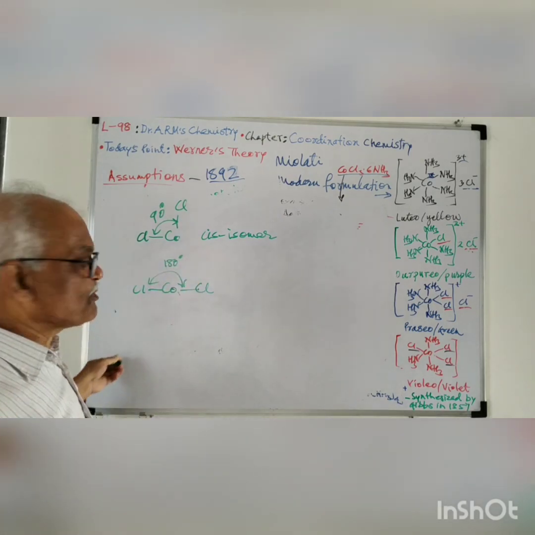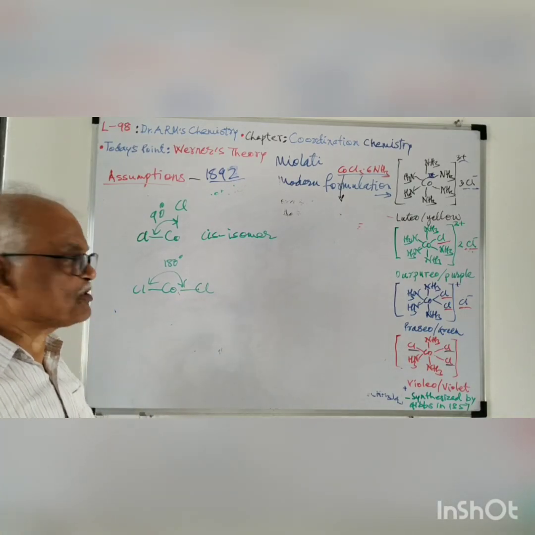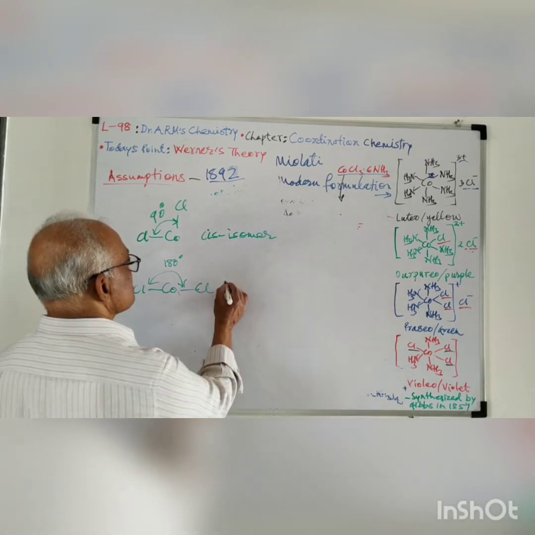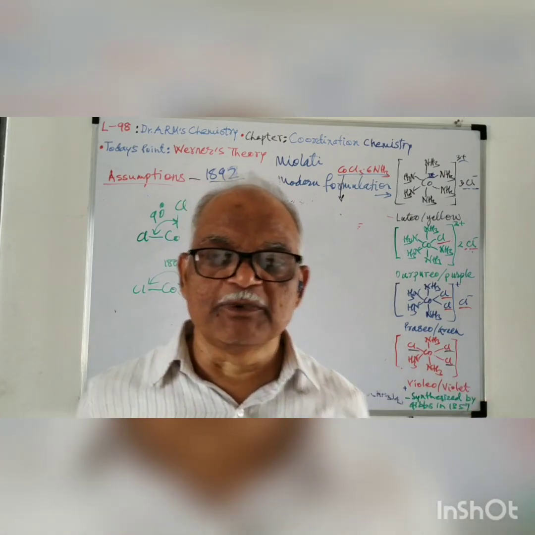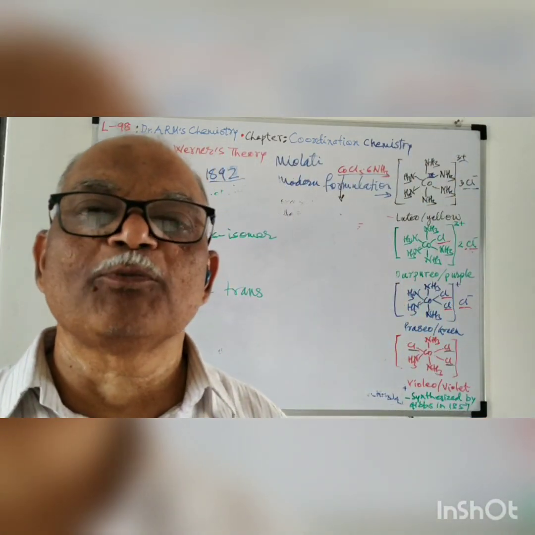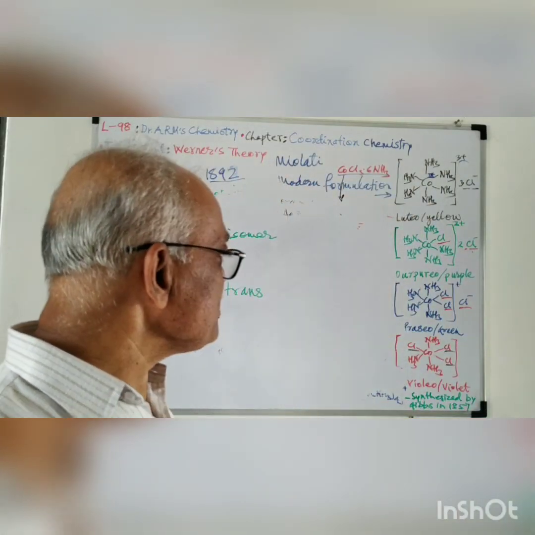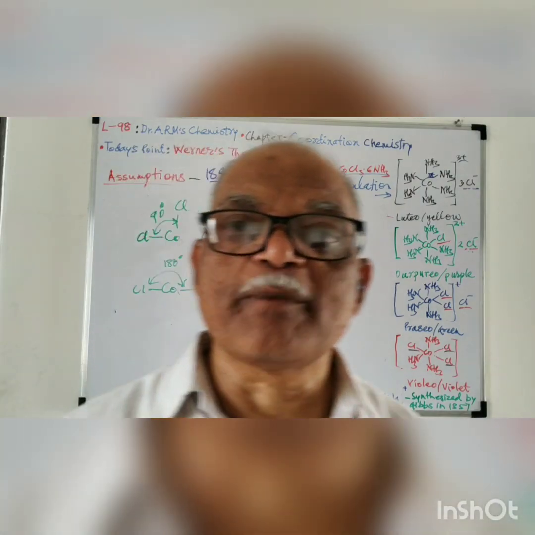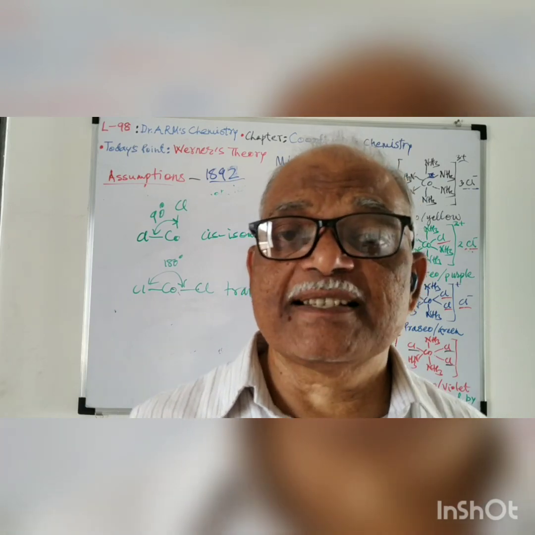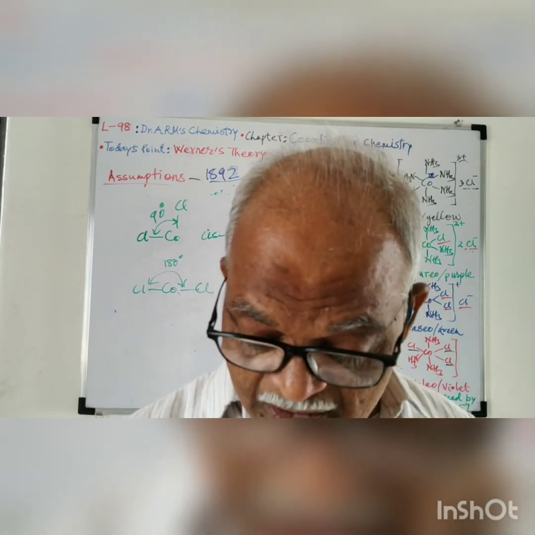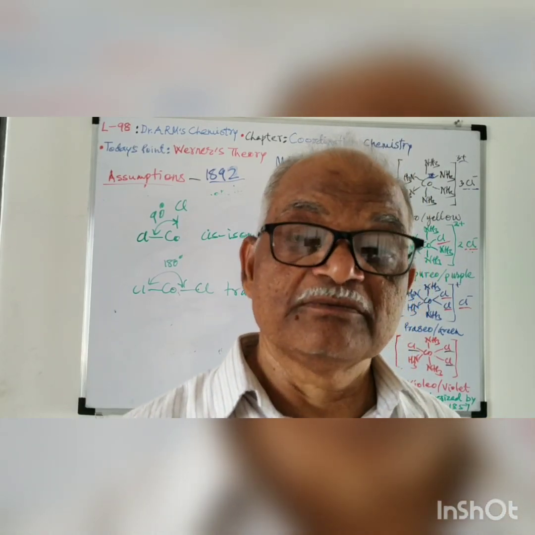So this is trans chloride. The two Cl are lying as far as possible from each other, so this is called the trans isomer. In this chemical formula, the cis and trans isomers were isolated by Miolati. So he confirmed the geometrical isomerism exhibited by the complexes synthesized by Werner. This shows how important Werner's theory is.